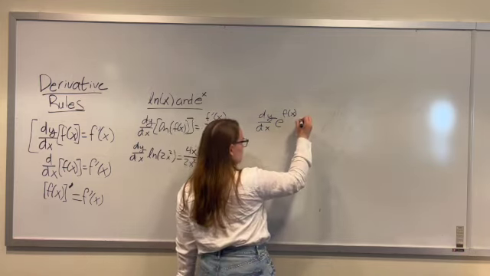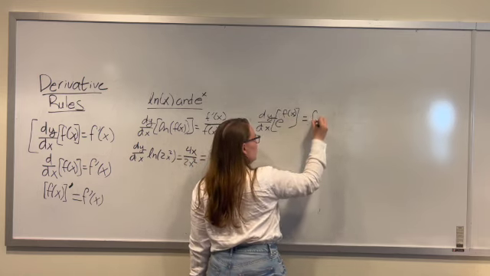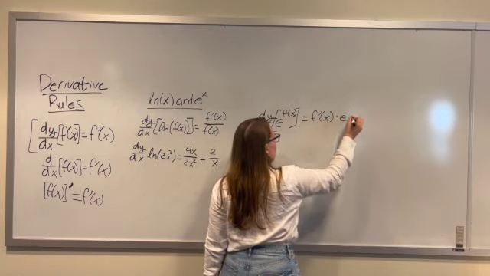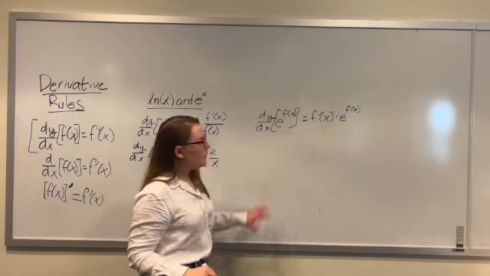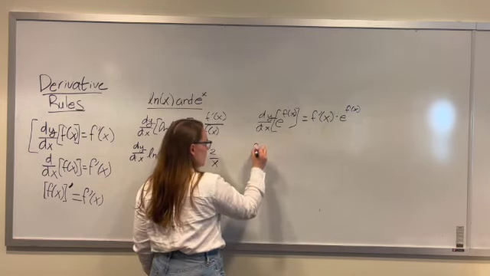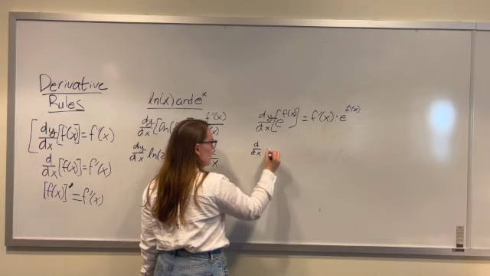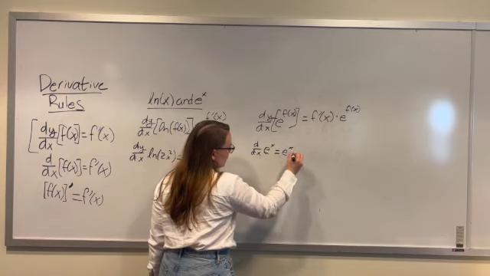This is equal to f prime of x times e to the f of x. This is a really fun equation because if we wanted to take the derivative of e to the x, it's equal to e to the x.